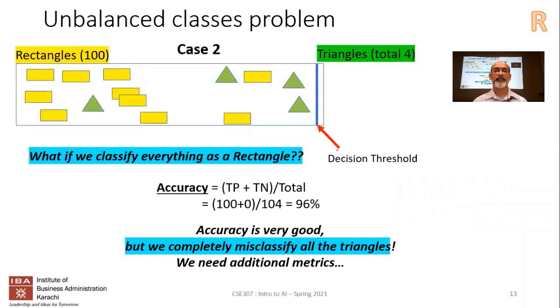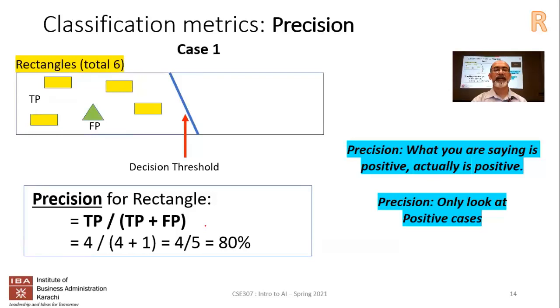So this was the example where if you shift the decision threshold to one extreme on the right, as far as the rectangles are concerned, all the rectangles are coming out to be true positives. But the problem there was that the triangles were totally miscalculated.